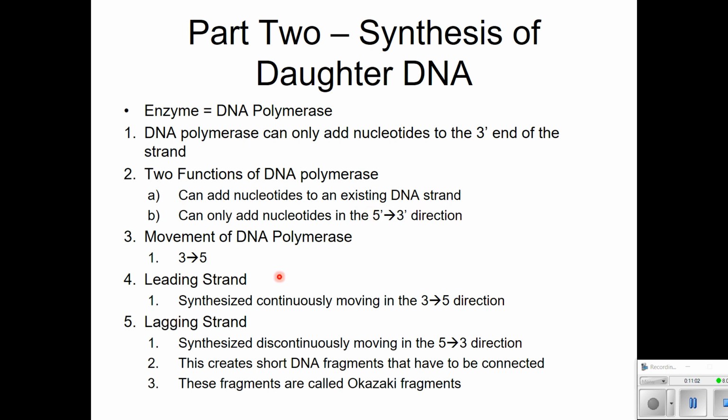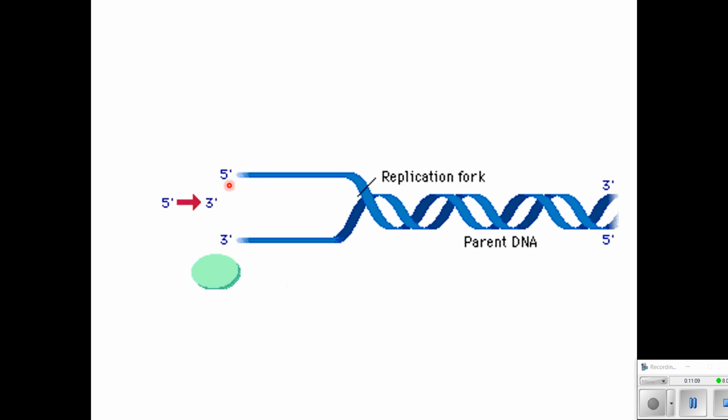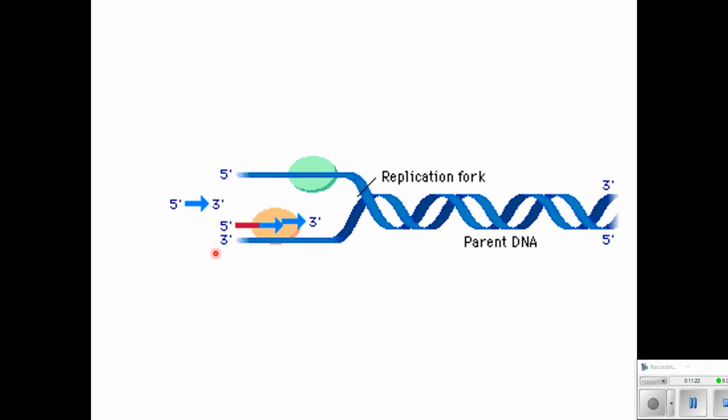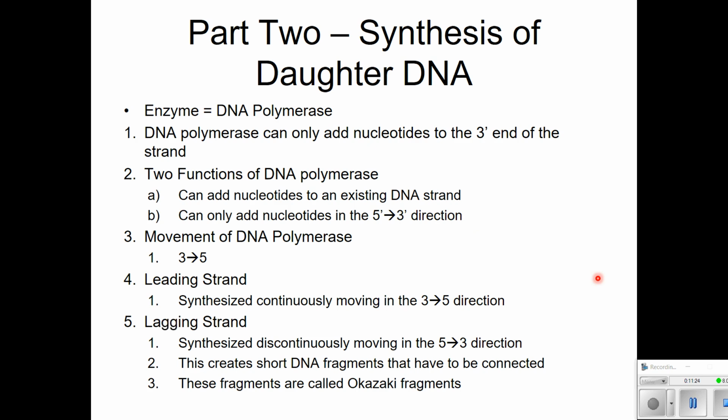All right, why is that number orientation important? Well, if you take a look at this molecule again and ignore the animation for a second, you'll notice that the double helix is oriented in opposite directions. That original blue molecule is 5 to 3 over here and 3 to 5 below.